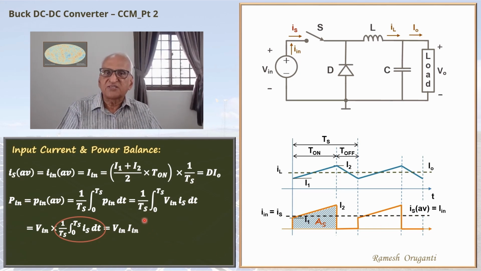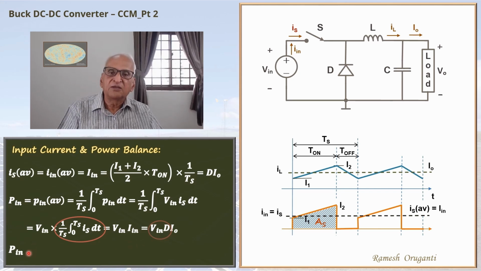Remember, I_in is the same as the switch DC current or the switch average current, and we showed that that is equal to D I_0. So this will be V_in D I_0. So the input power is V_in D I_0, but V_in D, remember, is the output voltage because V_0 is D V_in under continuous conduction mode conditions.